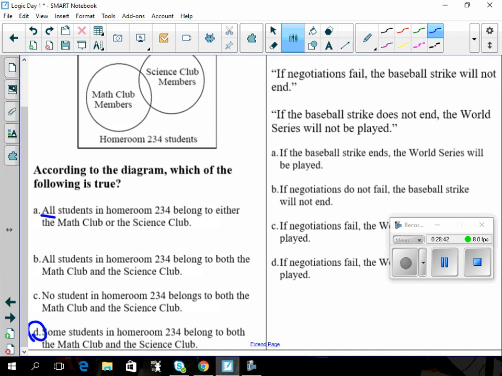Key words, right? All, no, or some. So some really represents the picture that we're talking about here. Okay? So some students in homeroom belong to both. And if I was going to select the region that represents us being in both math and science, wouldn't I be talking about that region right there? Yeah. That's the one that represents the kids that are in both.